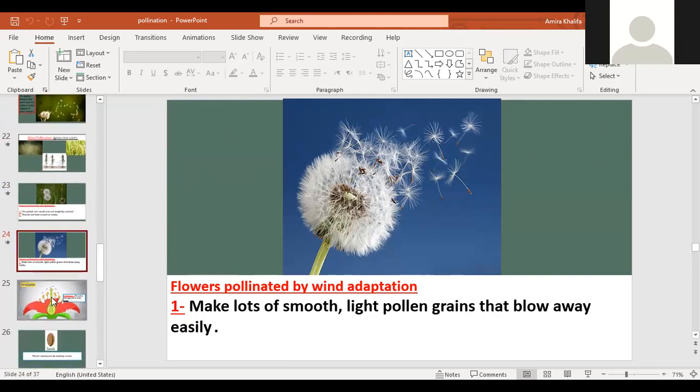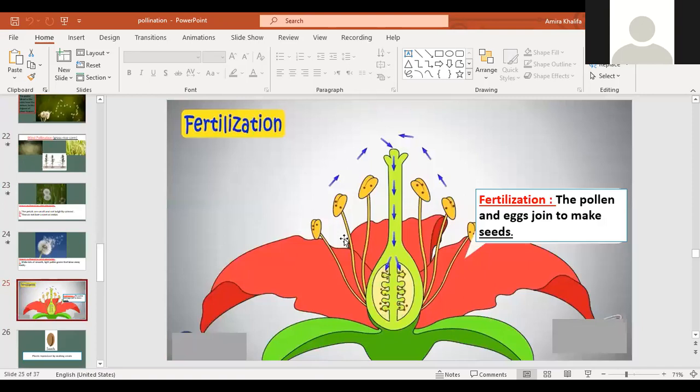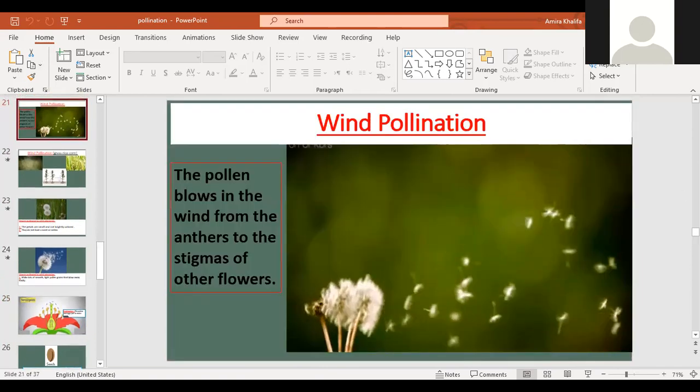Now let's talk about fertilization. Fertilization is when pollen grains are joined together to make eggs. When I talk about pollination, it is just the movement of pollen grains to the stigma.